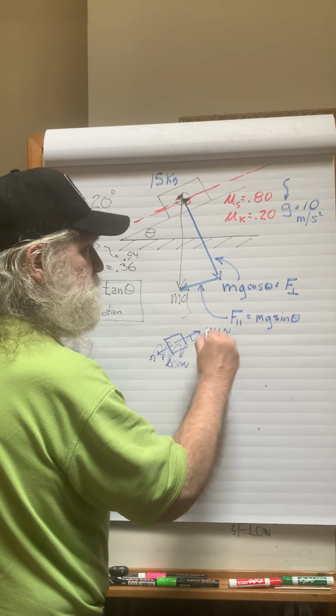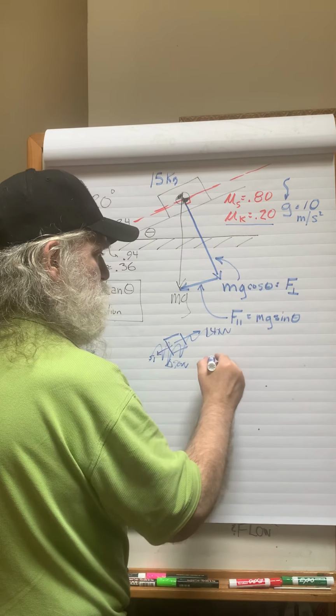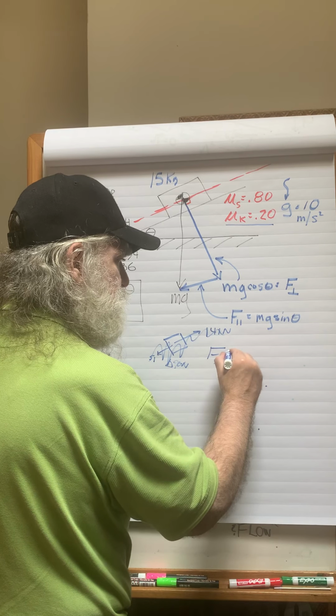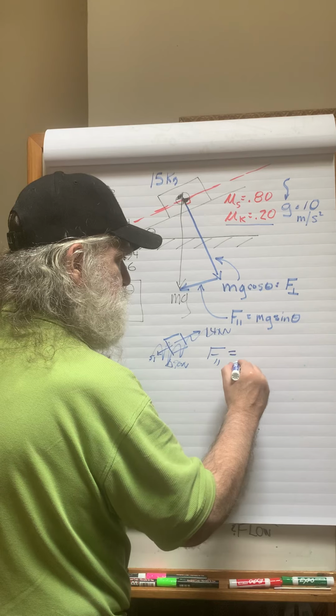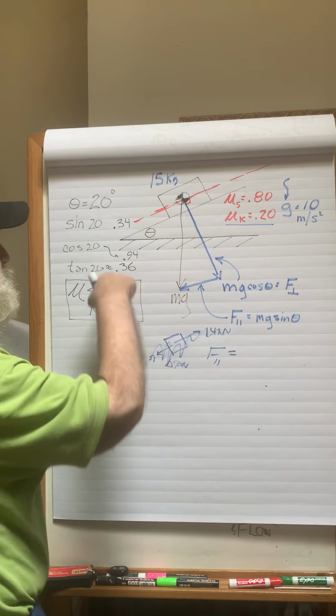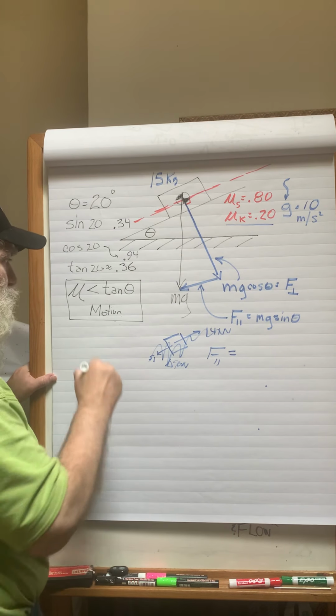So if the box is moving, we're on this mu now. So the parallel force for a moving box is going to be the same, mg sine theta. That's 150 times sine of theta, 0.34.